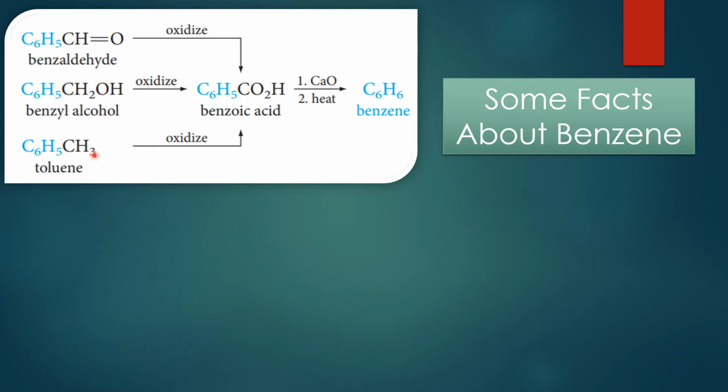When any of these three compounds is oxidized, the C6H5 group remains intact. The product is benzoic acid, another constituent of gum benzoin. The calcium salt of this acid, when heated, yields the parent hydrocarbon C6H6, benzene.